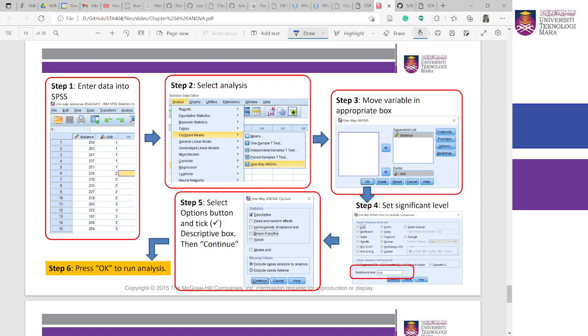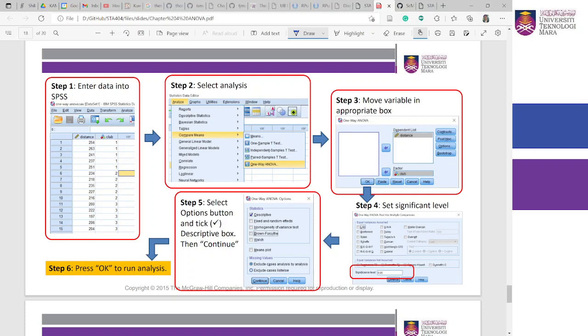So the first 5 is group 1, club 1. The next 5 will be club 2, and then the next one will be club 3. So dia hanya ada 2 kolom saja. Satu kolom adalah untuk dia punya value, satu lagi kolom untuk dia punya category.